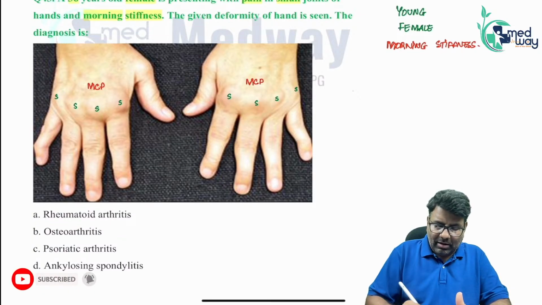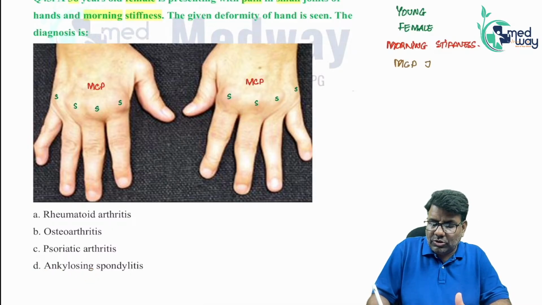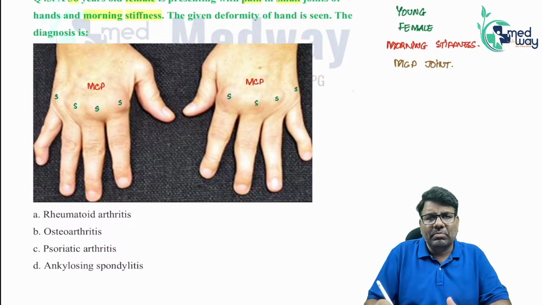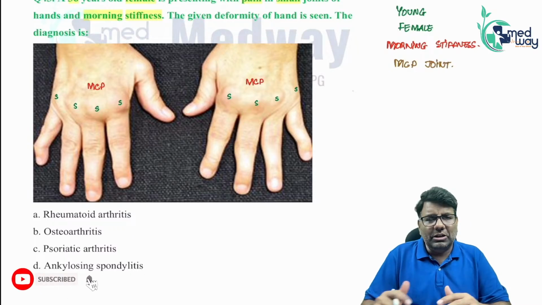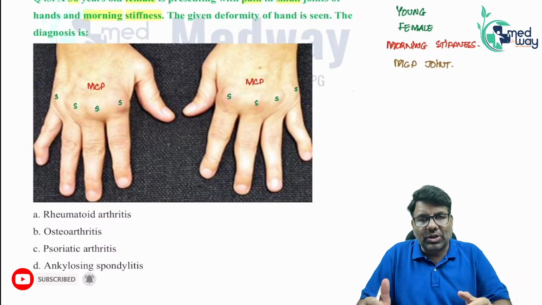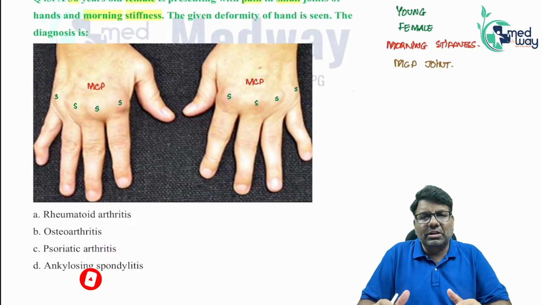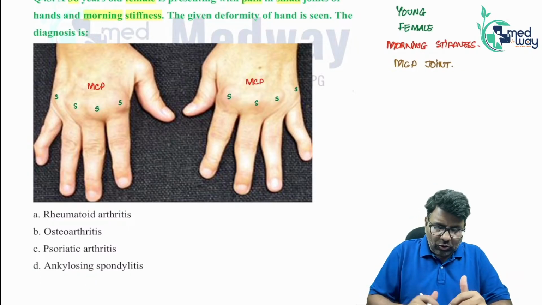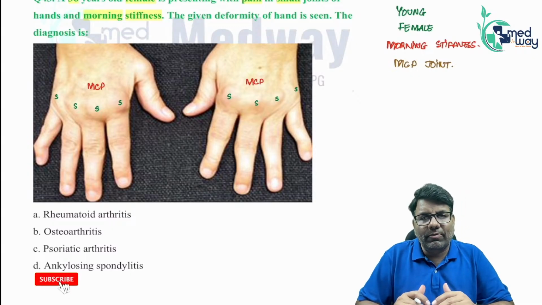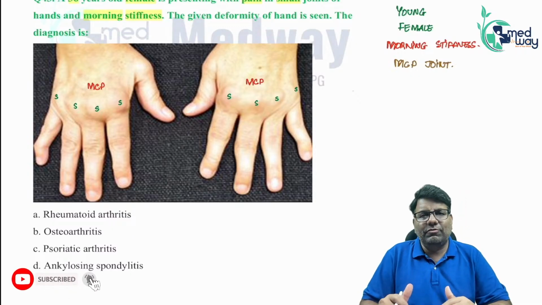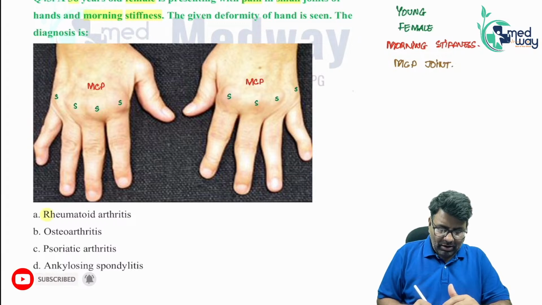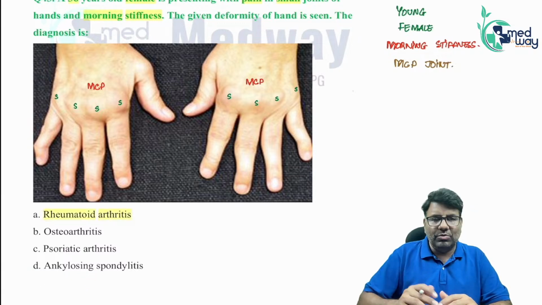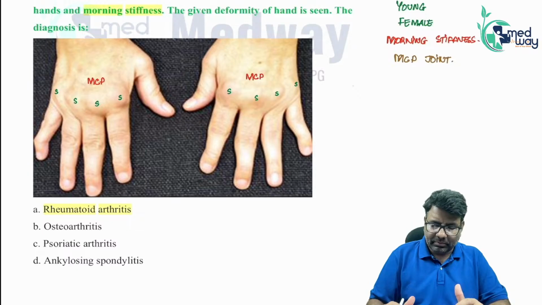And here, classically, we can see there is swelling of the MCP joint, that is the metacarpophalangeal joint. And if you remember, I told you, in rheumatoid arthritis, MCP joints are the most commonly involved. So the moment you see involvement of the MCP joint in a young female, straight away you can mark it as a case of rheumatoid arthritis.